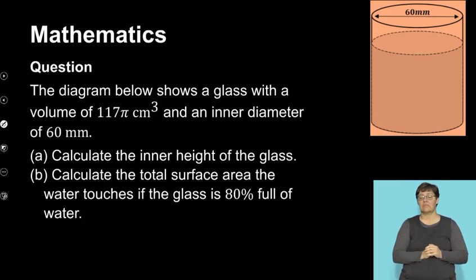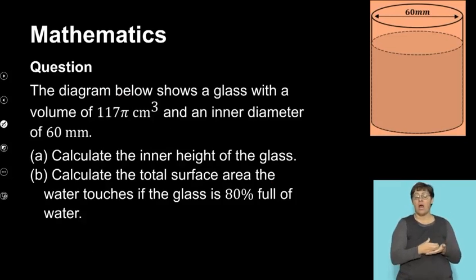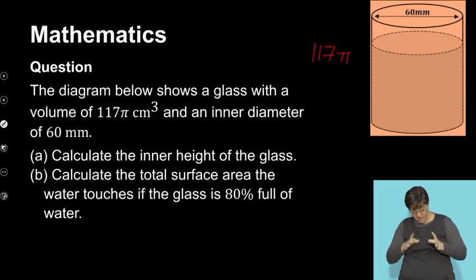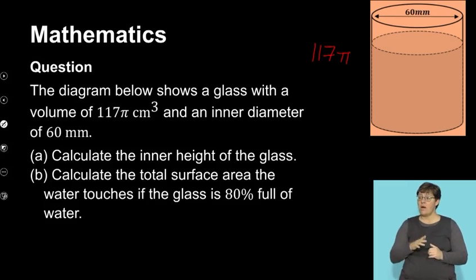So the diagram below shows a glass with a volume of 117 pi centimeters cubed and an inner diameter of 60 millimeters. So we know that the volume of this glass is 117 pi centimeters cubed and the diameter is 60 millimeters. Before I even go further to look at the question, we just have to remember that there's a bit of a difference in the units.